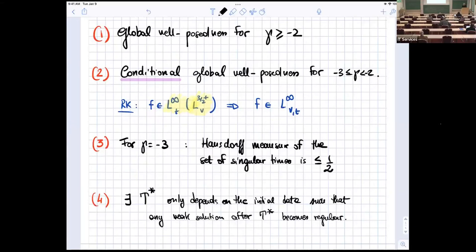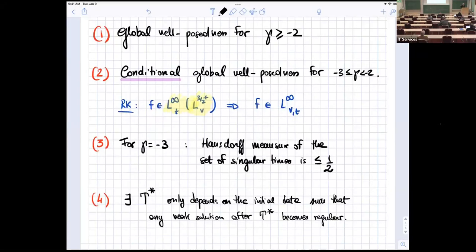Okay. So this T star has an explicitly computable estimate based on the mass, momentum, and energy of the initial data. So at the beginning, for any initial data, we have a short time existence of classical solutions. And then there is a certain time interval, the gray zone.